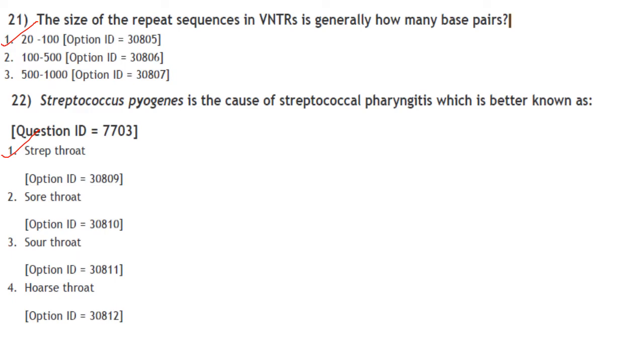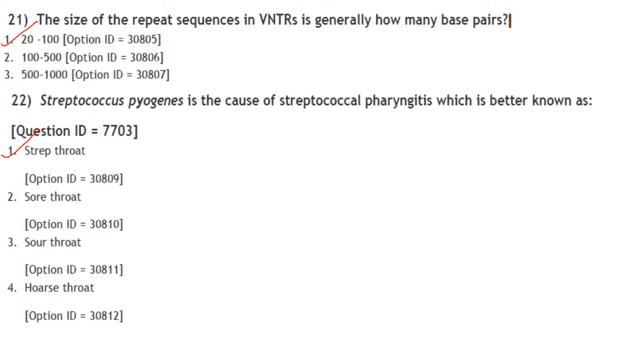Then the size of the repeat sequence in VNTR is generally how many base pairs? So VNTR is a variable number of tandem repeats and these are short nucleotide sequences. They vary in copy number, the number of times that particular sequence is repeated. So the answer here is 2 to 100. Then next one.